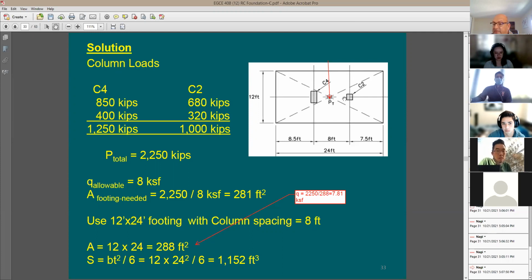But in this case, you're going to have some eccentricity, because the resultant is not going to be aligned with the center of the footing. So, okay, here's the section modulus, right? Because if you're going to have a minimum, it's going to be applied in this direction for any eccentricity. But let's see first the eccentricity.